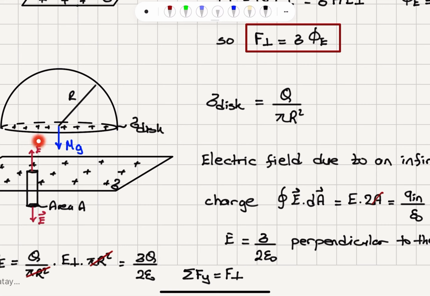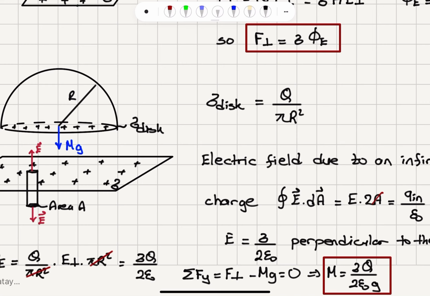This is going to be a repulsive force on this charge distribution, so the electrical force will be pointing up, but the weight is pointing down. So this is F perpendicular minus mg equals 0. If this is to stay at equilibrium, then I will find that m, the mass of the hemisphere, should be sigma q divided by 2 epsilon 0 g. All right, so that's going to be the mass of the cylinder.